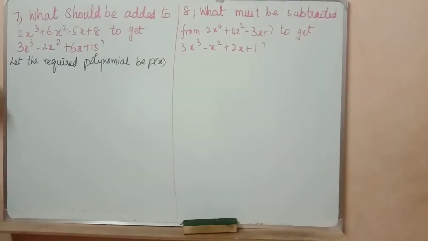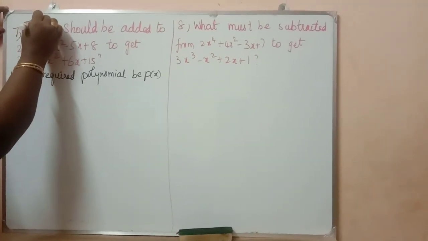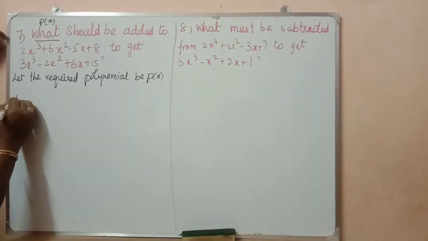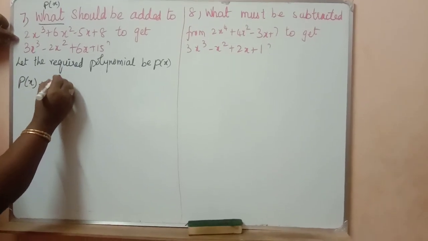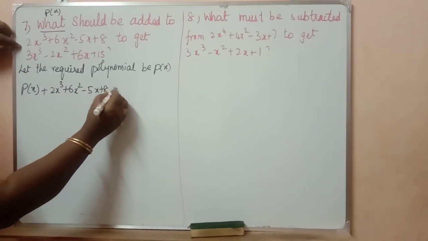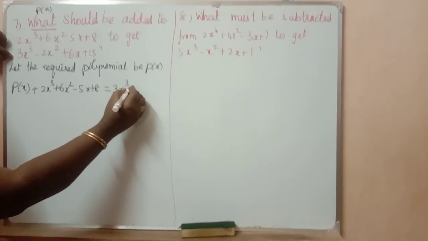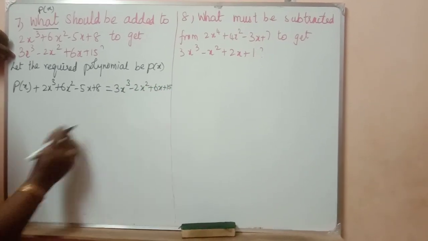The answer we are going to find, we are considering it as p of x. So p of x should be added to 2x cube plus 6x square minus 5x plus 8 to get 3x cube minus 2x square plus 6x plus 15.